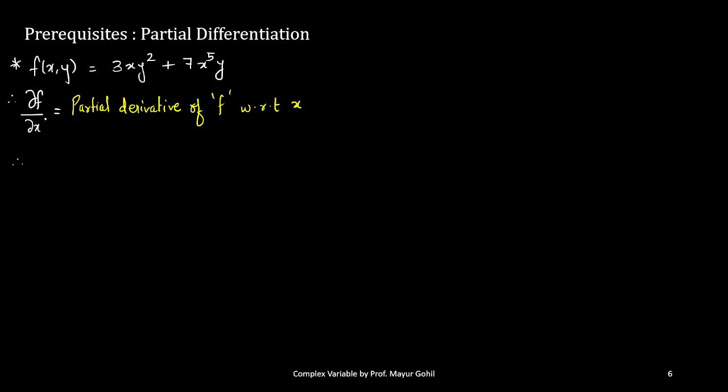So dabba f by dabba x can also be simplified and written as f suffix x. It also means the same thing, only we need to remember that this is taking the derivative with respect to x. Dabba f by dabba x means f suffix x, and you take the derivative.